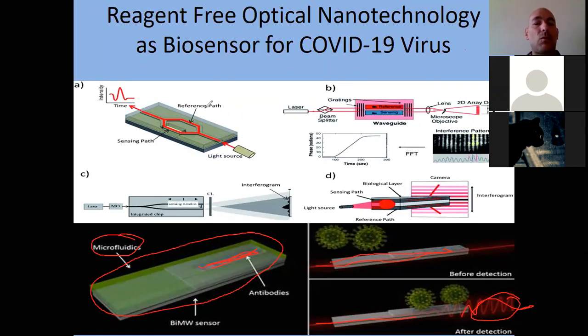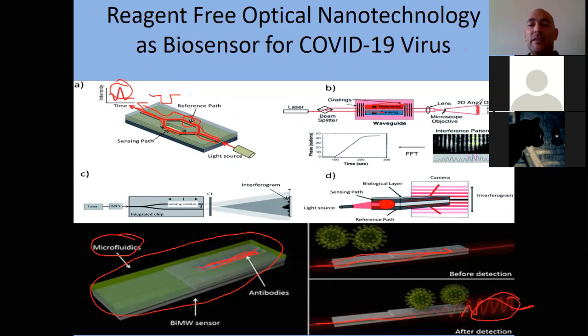And here's a little bit how it works. You have a reference where the light passes through here. And this is important for the phase here. And then you have your sample path where the light passes as well, but now it will change the phase of the light. So you can see here light passing to the reference, light passing to the sensing.